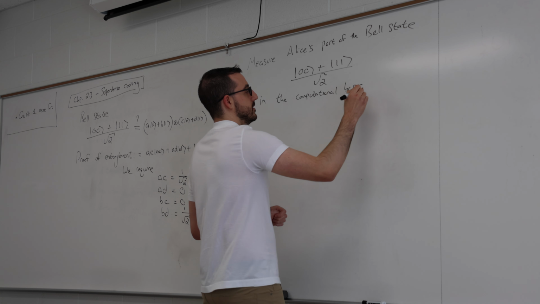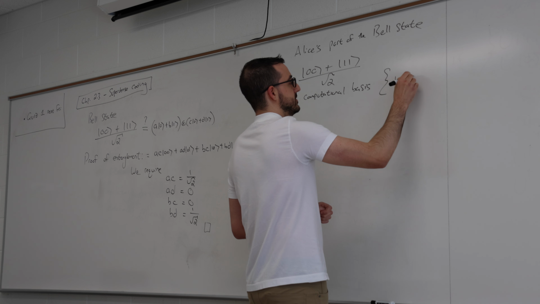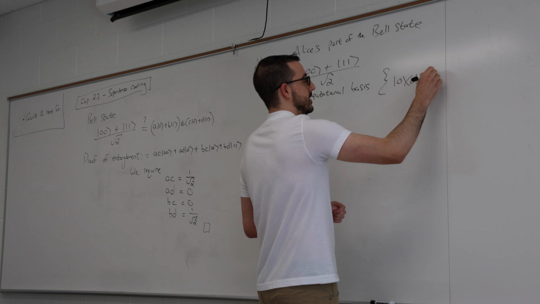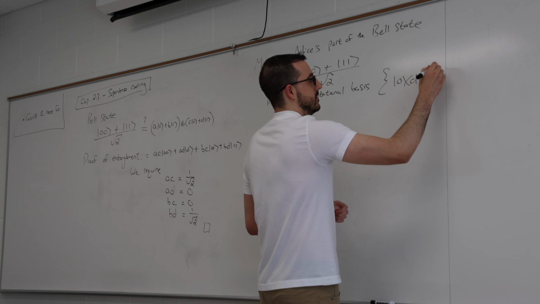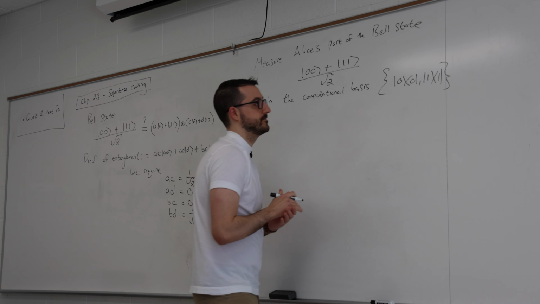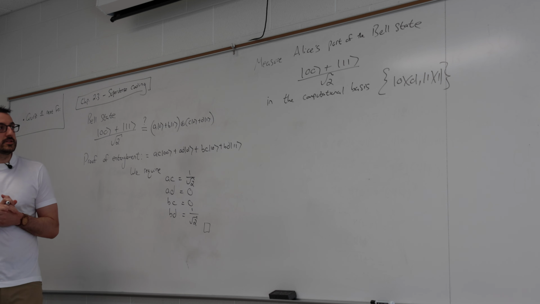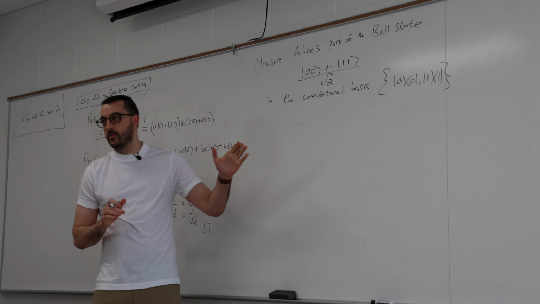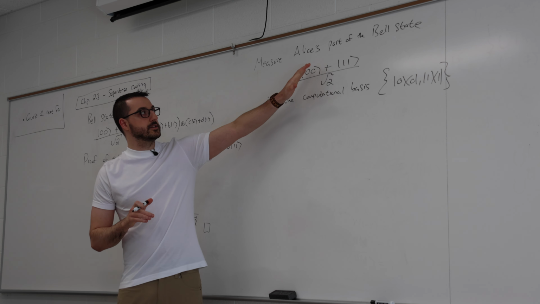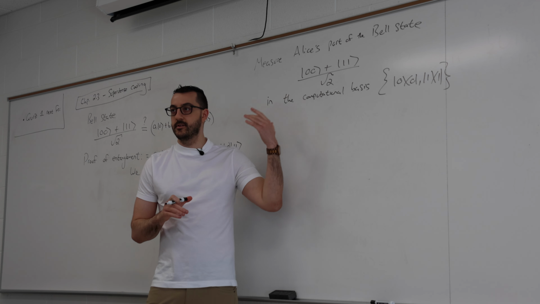Meaning we have a projective measurement, where our measurement operators are |0><0| and |1><1|. Okay? So we're just going to measure one of the qubits. We're going to measure Alice's, and let's say that's on the first one.